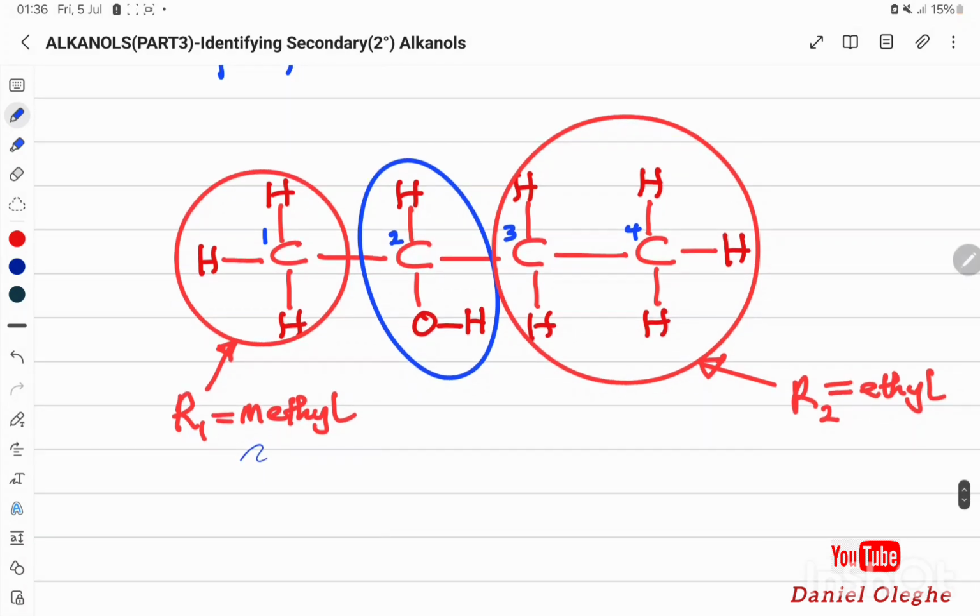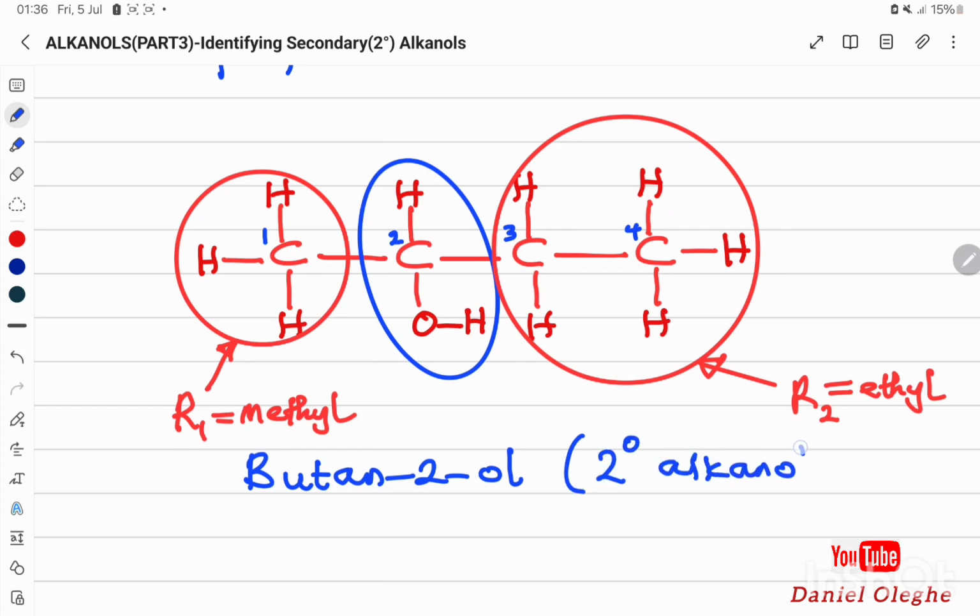So by name, this is called butan-2-ol. It is a secondary alkanol. Why is it butan-2-ol? It has 4 carbon atoms altogether. That's butan.